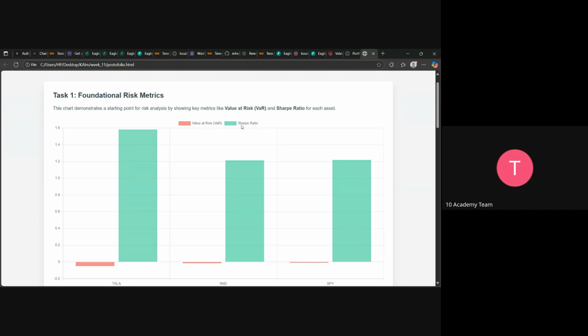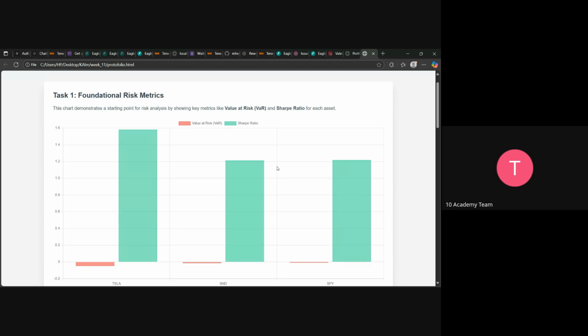When we come to the Sharpe ratio, it calculates the asset's returns minus the risk-free returns, and divides that by the asset's standard deviation. This whole process gives us the Sharpe ratio.